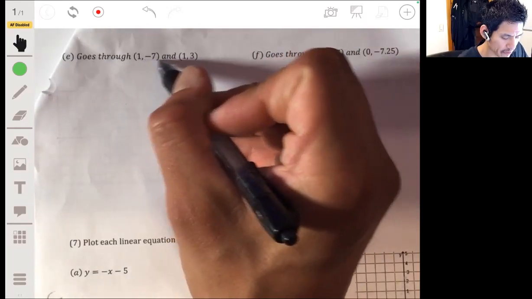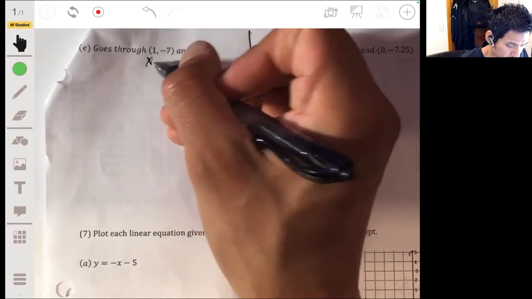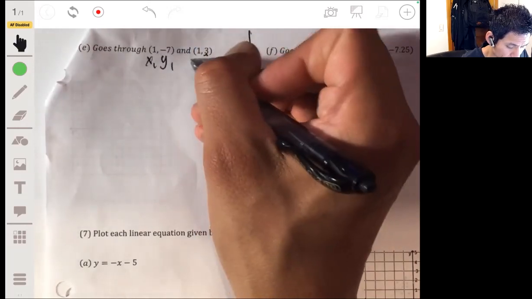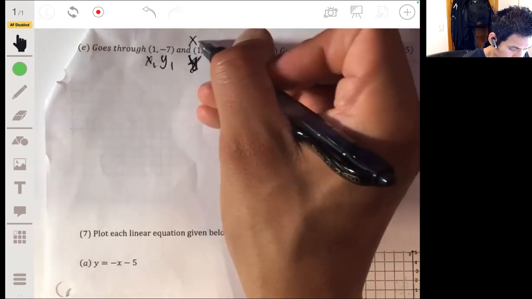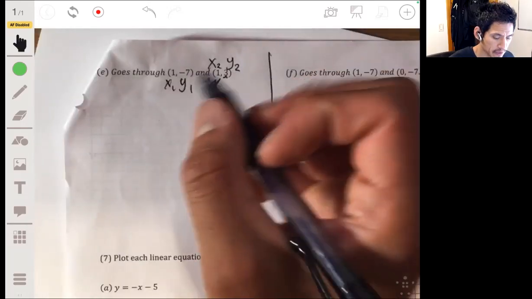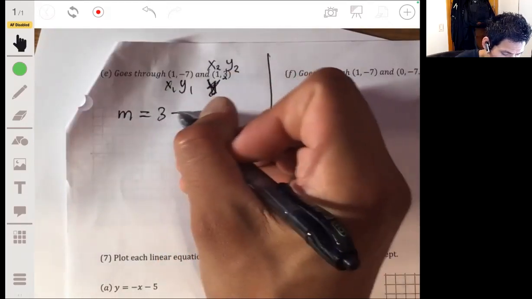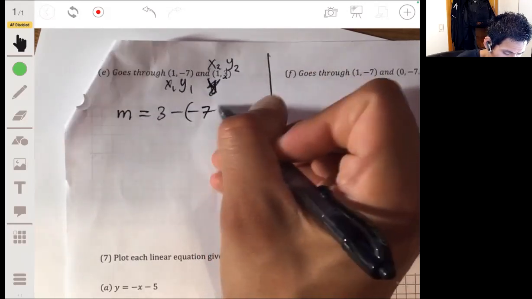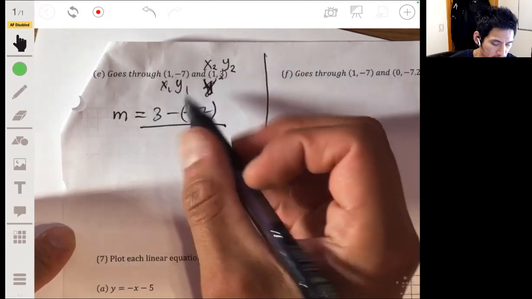Okay, we're given the points now. It goes through x1, y1, x2, and then y2. So if we use the slope, we'll get 3 minus negative 7 over 1 minus 1.